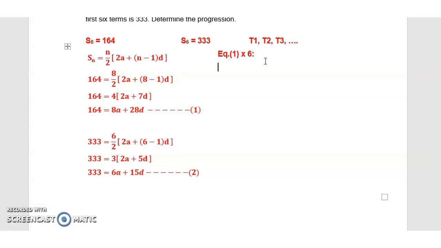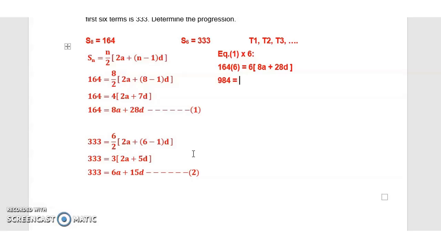Okay. So 164 multiplied by 6 equal to, so the whole thing on the right hand side multiply by 6. 6 multiplied by 8a plus 28d. So 164 multiplied by 6 equal to 984.